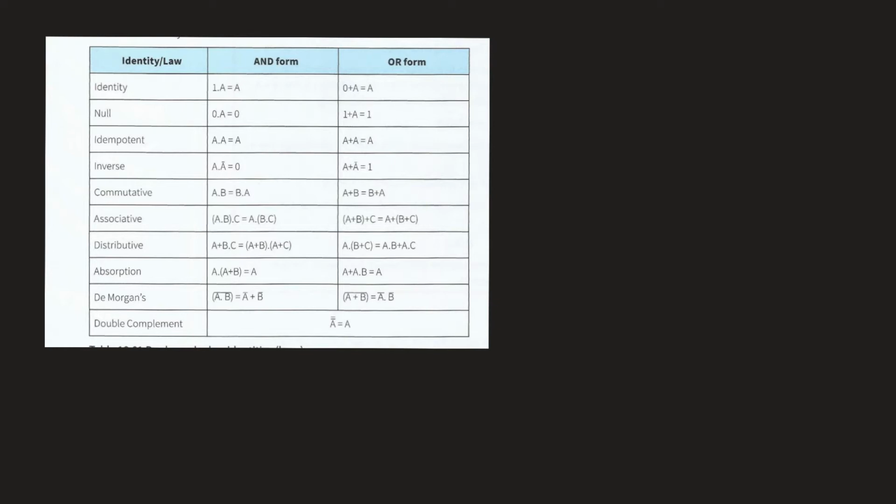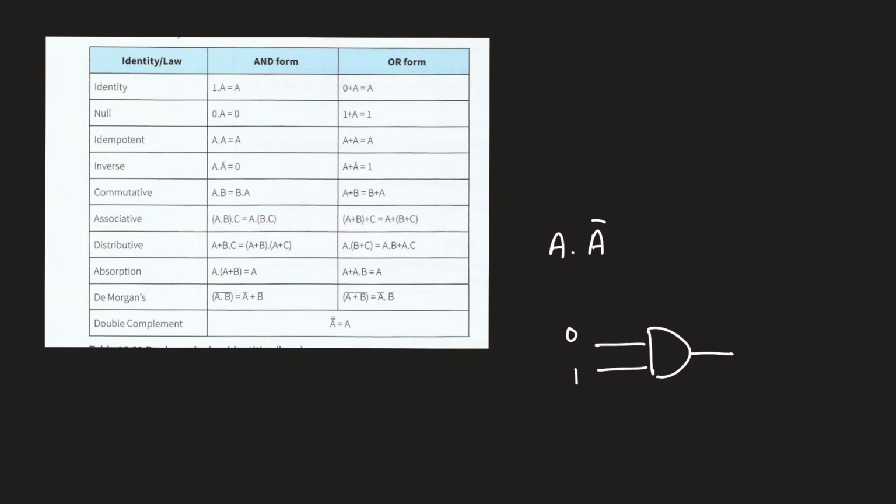Now let's look at the inverse law. If you remember, in the last video we looked at notations, and when we have a dash over our input, it means the complement of that. So if my a is 0, it will become 1. Over here we have a dot a complement. In our logic gate, if we set the value for a to be 0, the a complement will be 1.